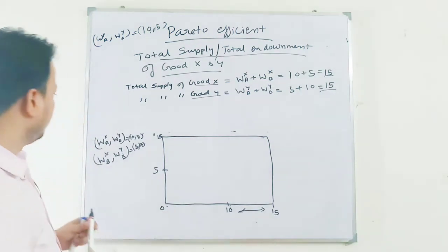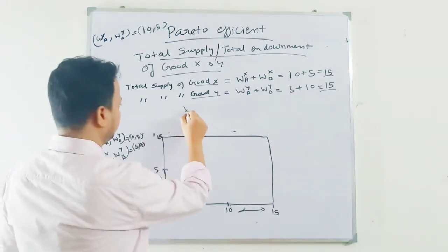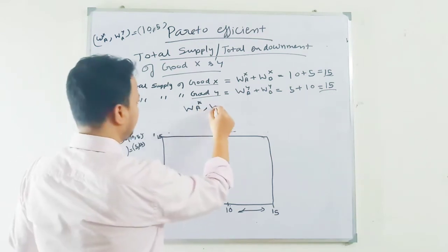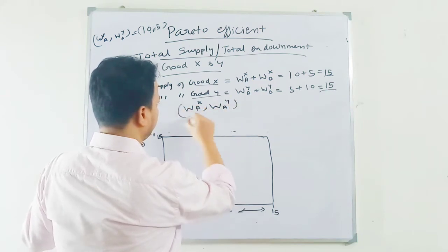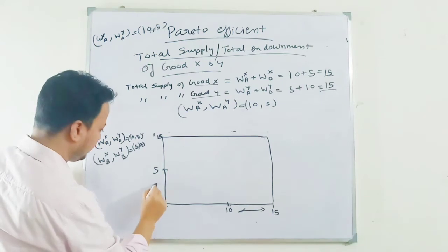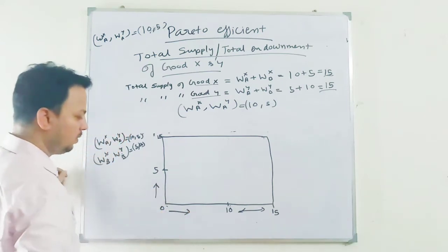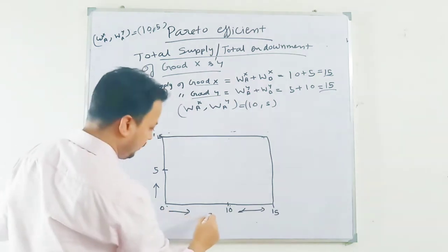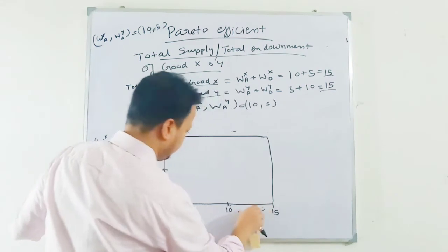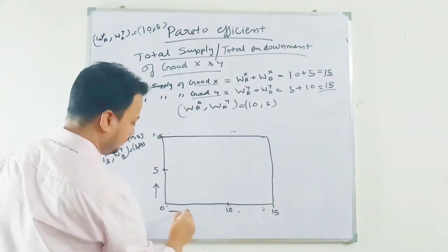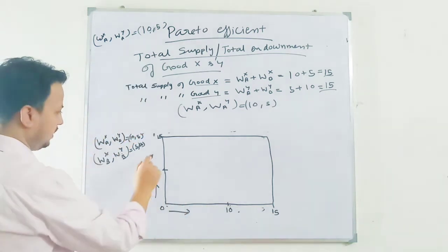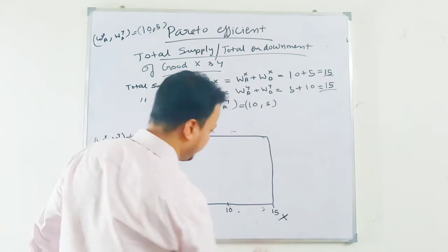What is the endowment of good x and y with consumer A? It is 10, 5. We read for consumer A from this side, if you remember correctly. If we move this side, it is the amount of good x that consumer A is getting. Here I have y, here I have x.